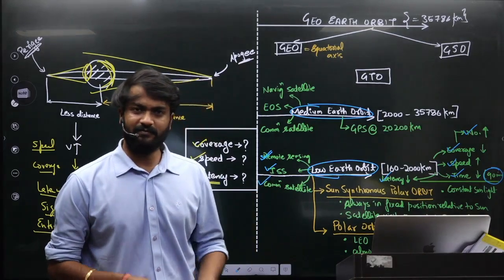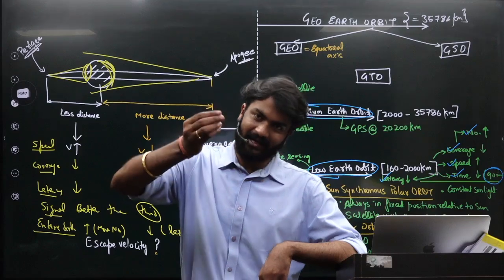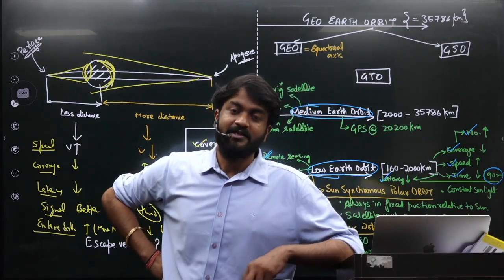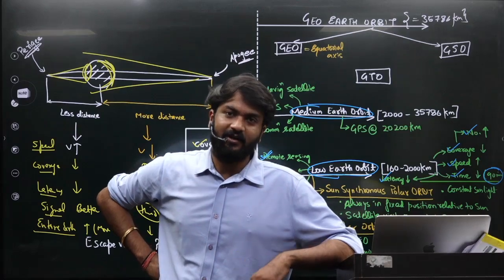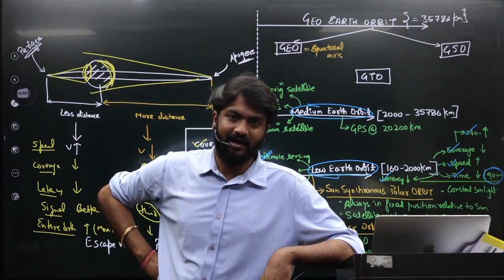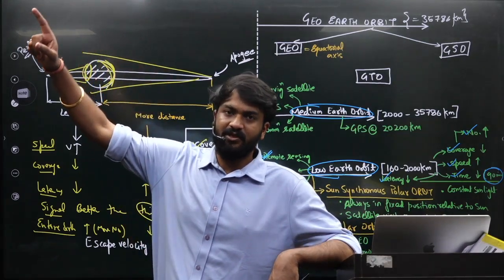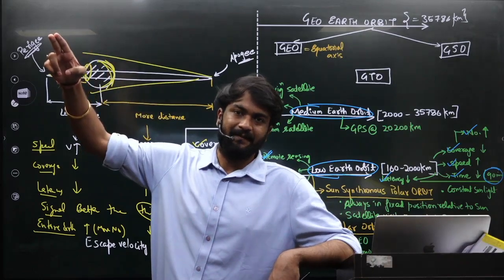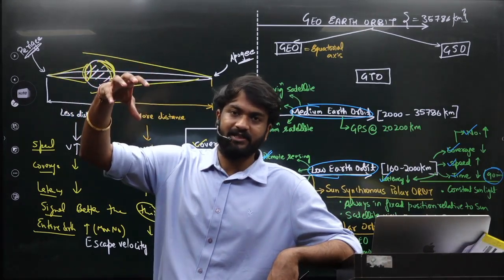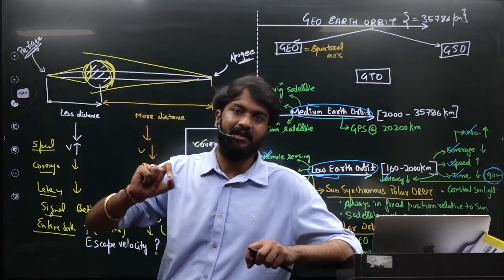And if you wish, you can pause the video and tell me an example of it. Starlink. If you followed my earlier sessions of RRR, I told you that the communication satellites in the geostationary orbit have higher latency. Although they have higher coverage, there is a lag in the signal.